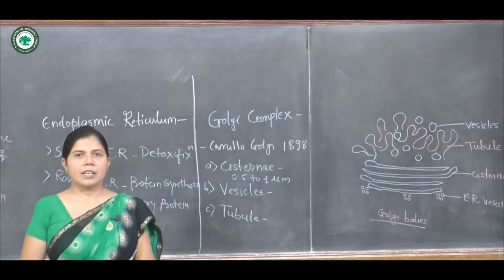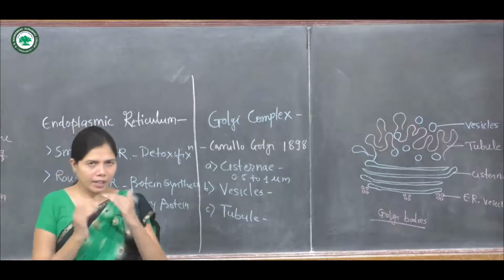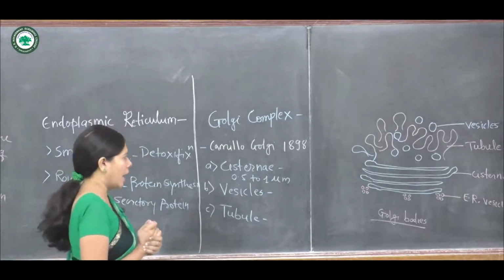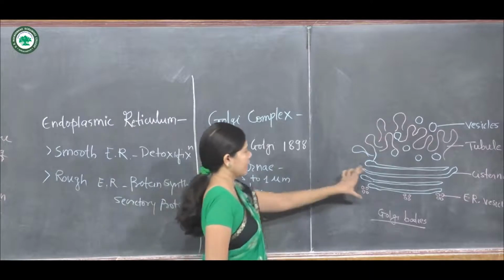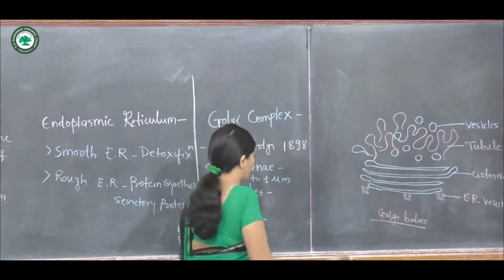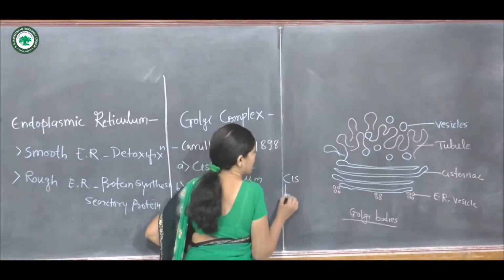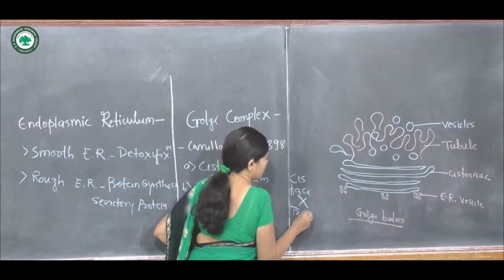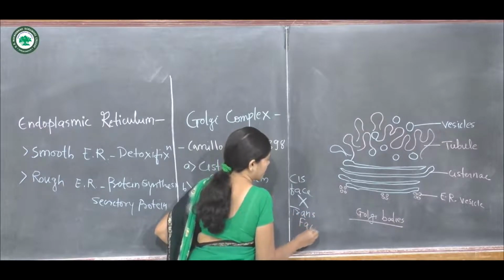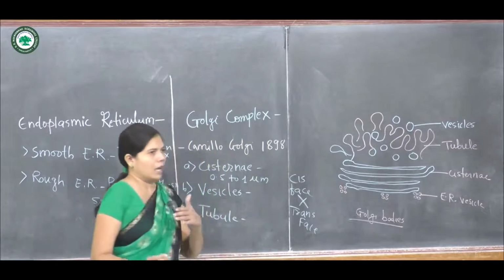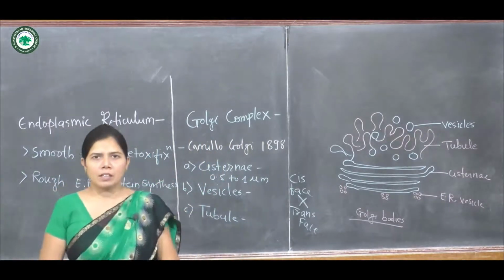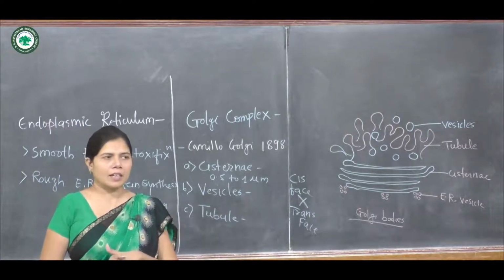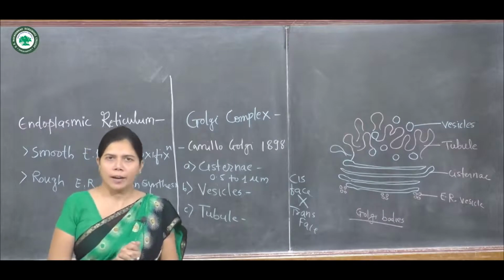The forming end or face of the cisternae is known as the cis face, and opposite to the cis face is the trans face. The Golgi complex moves in the cell. It is attached or near to the endoplasmic reticulum.